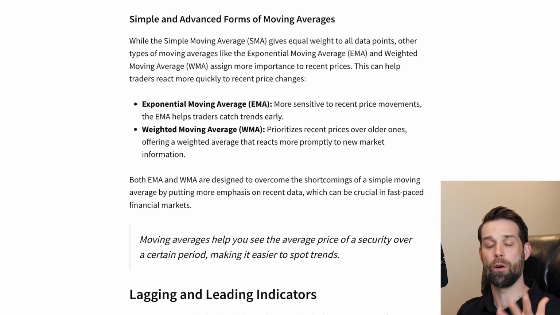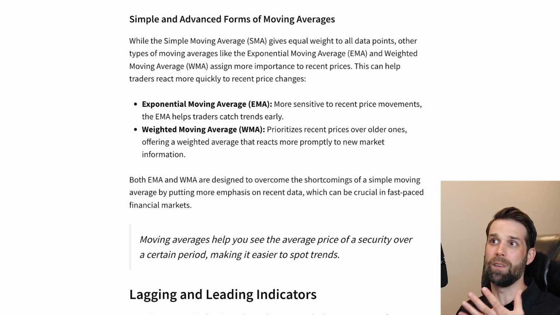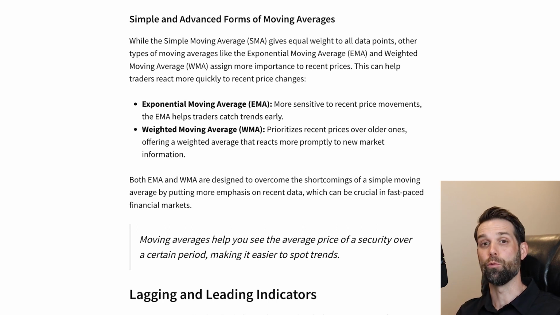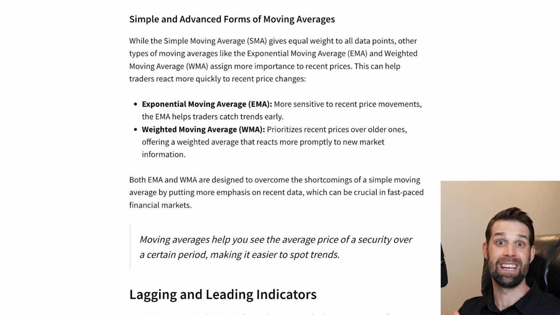We're not going to get into the whole math of that, but a simple moving average just says, over the last 10 days, you add up the 10 closing prices, you divide by 10, and that's what you get. Whereas the exponential and the weighted put more emphasis on the recent prices rather than an equal weight on the whole distribution.